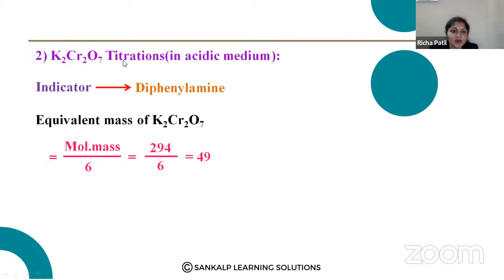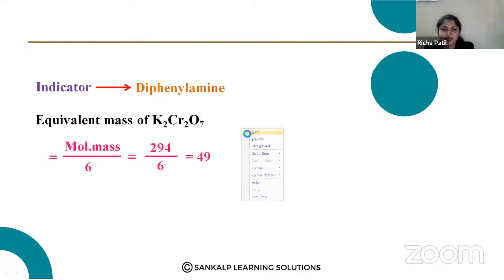K2Cr2O7 and KMnO4, potassium dichromate and potassium permanganate, are strong oxidizing agents. An oxidizing agent oxidizes others and itself undergoes reduction. What do you mean by reducing agent? A reducing agent reduces others and itself undergoes oxidation. So remember this definition.